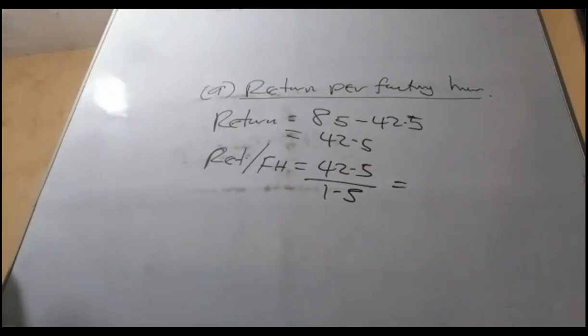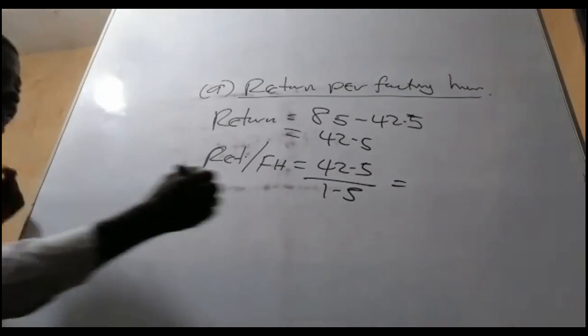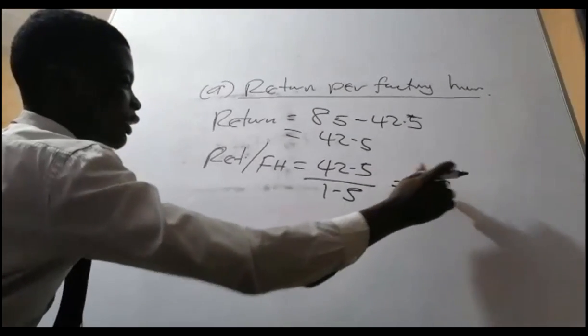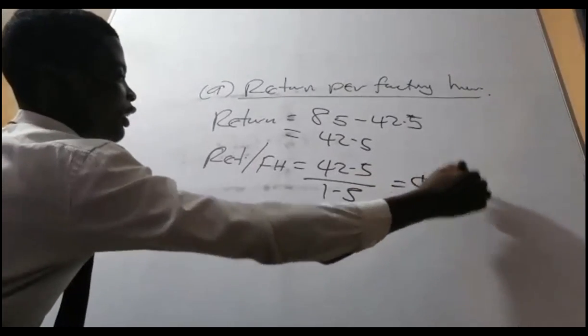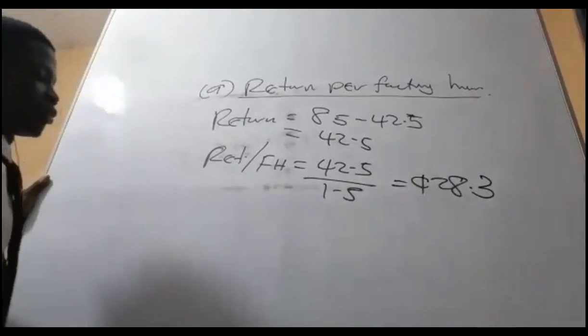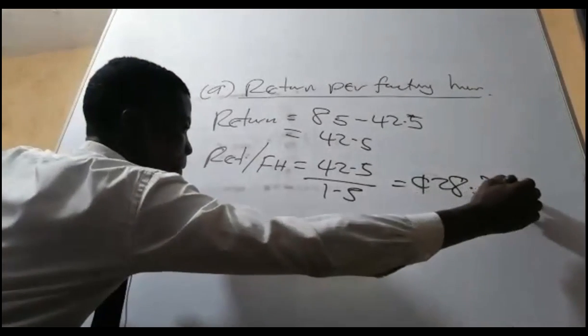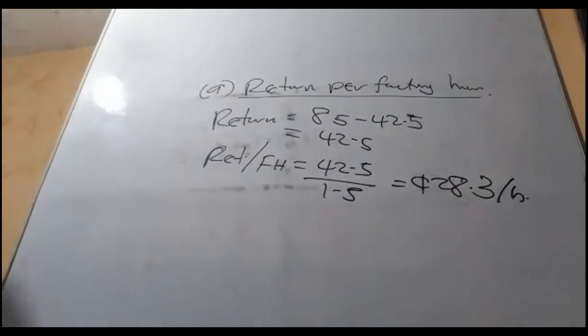So 28 dot what? 3. So 28.3 per hour. The 40 hours is the total capacity.